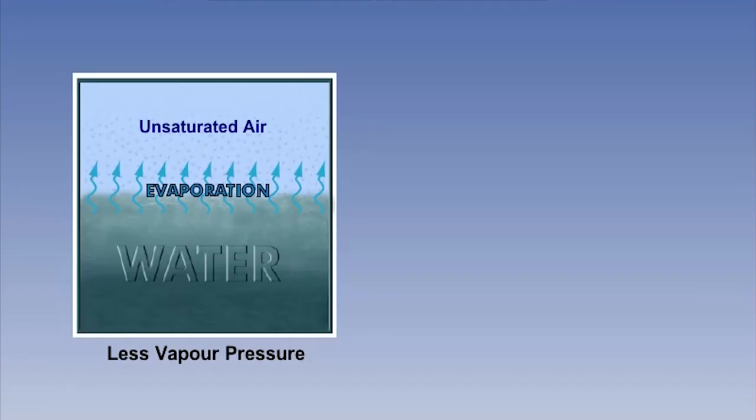Let us consider an enclosed box, half filled with water, with air filling the rest of the box. Initially, the air above the water is unsaturated. There will be a value for the vapour pressure. However, evaporation will immediately start to take place.